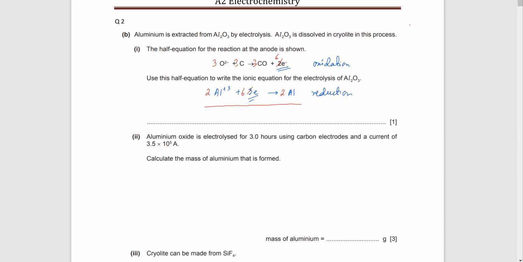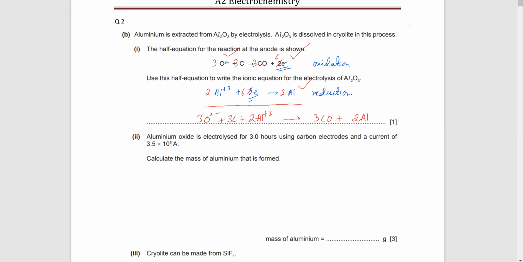So the reactants are 3O2 minus plus 3 carbons, plus the reactant in the other one is 2 aluminium plus 3. And the products in the first one are 3CO. And in the second one, the products are 2 aluminiums. So that's your overall reaction.